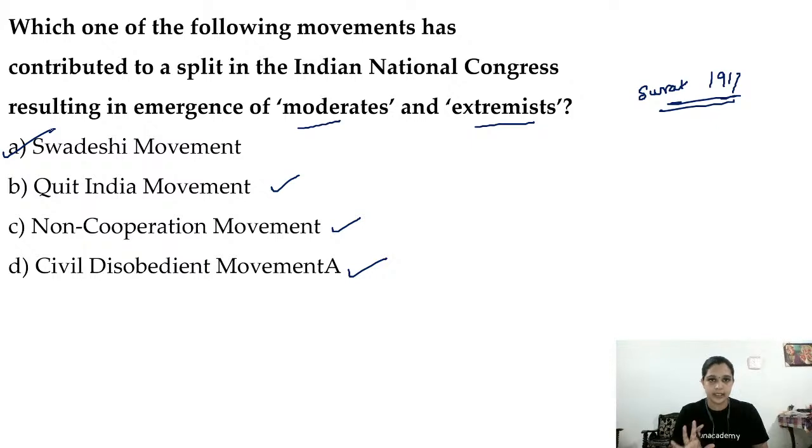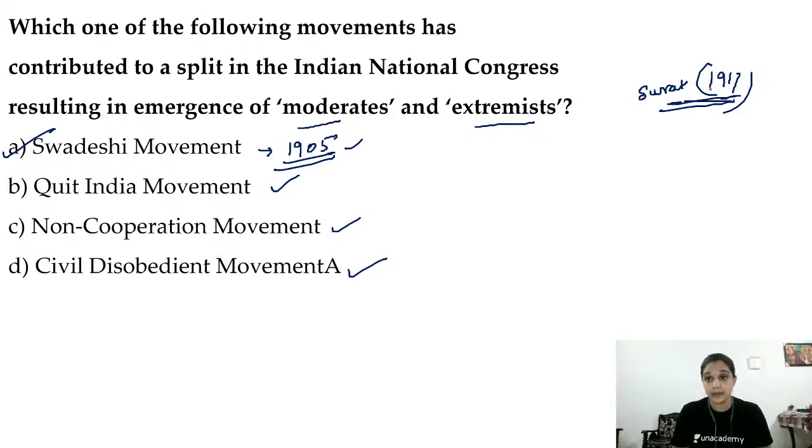Clear? Very clear. Swadeshi movement even started in Bengal. 1905 Bengal partition itself, the Swadeshi movement actually started. So after that, in Swadeshi movement, it became very stronger, and moderates and extremists got their difference of opinions, and then they both split, and that was called a Surat split.